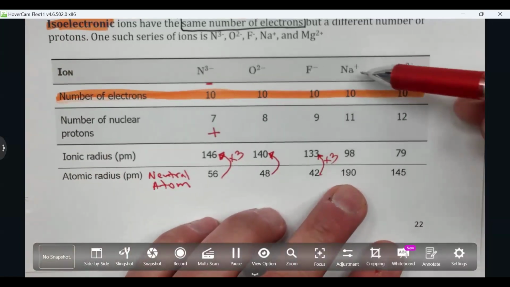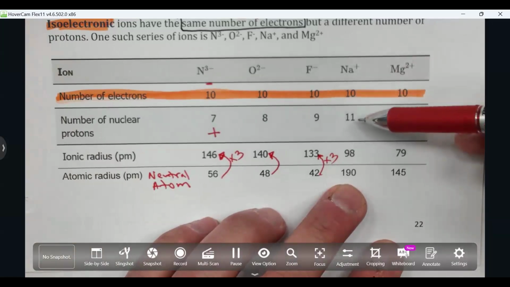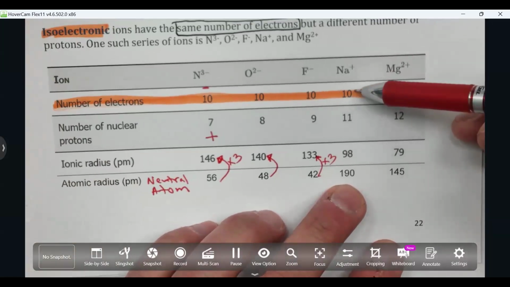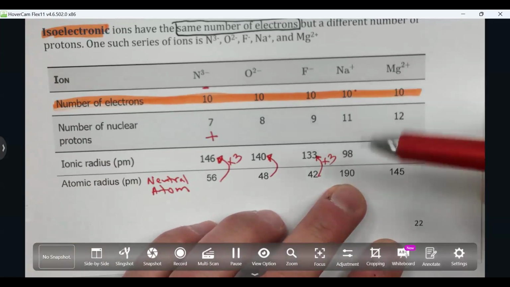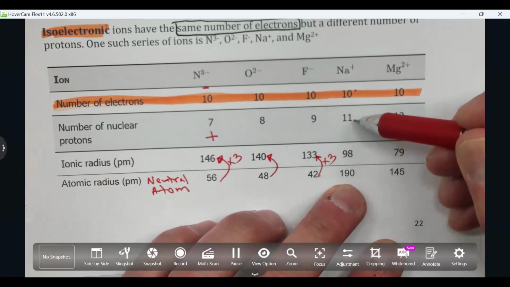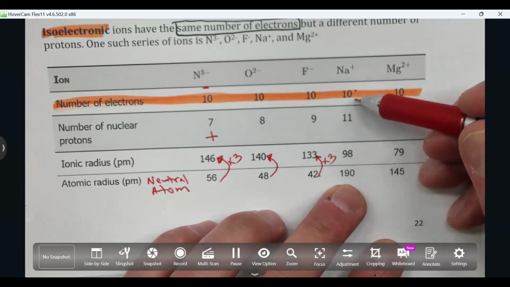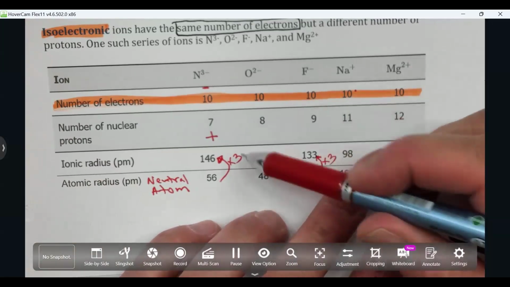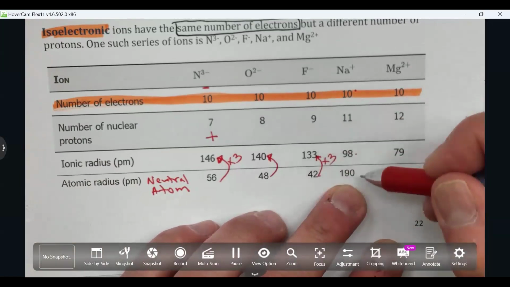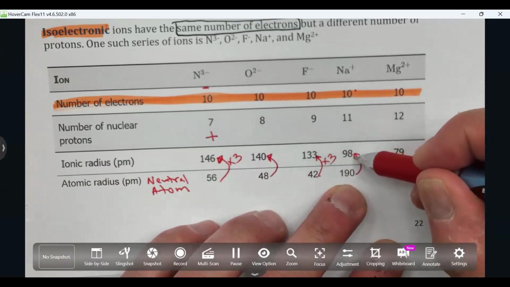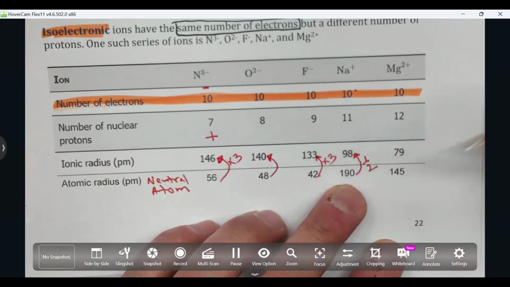Now, for sodium, you have 11 protons pulling in 10 electrons. That should be able to pull it in pretty good, right? You have more protons pulling in fewer electrons. So that pulls it into 98. Notice that this is about half the radius.